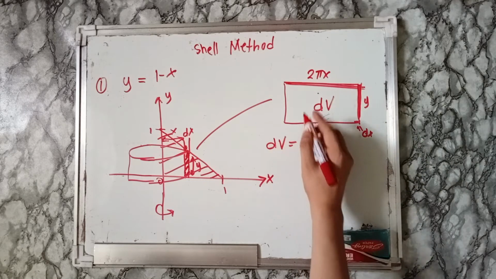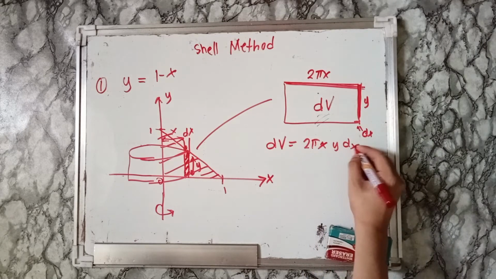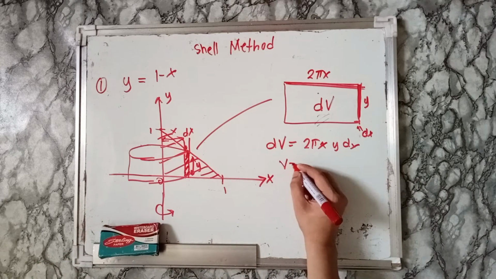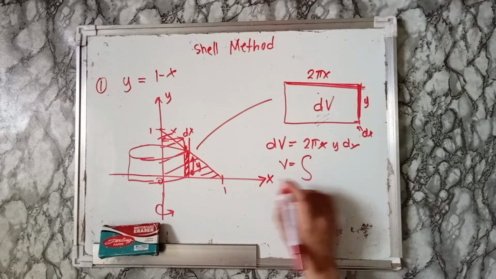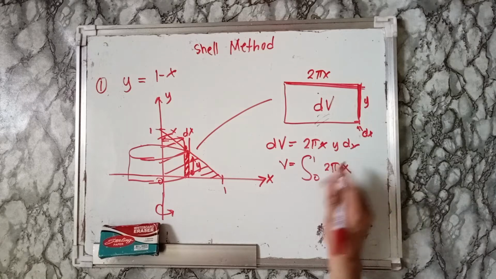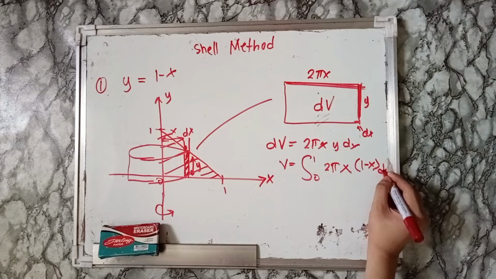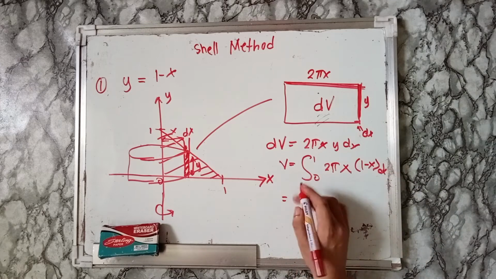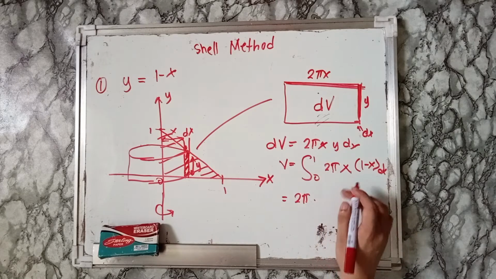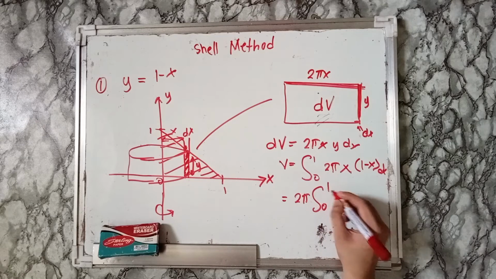Now to solve for differential volume, this is just 2 pi x times y dx, right? And if we integrate both sides, this is just the integral with limits from 0 to 1 of 2 pi x, and our y here is 1 minus x, right? dx. Now if we take out the 2 pi outside, and let's distribute the x first, from 0 to 1.